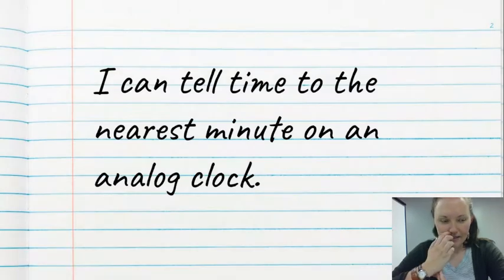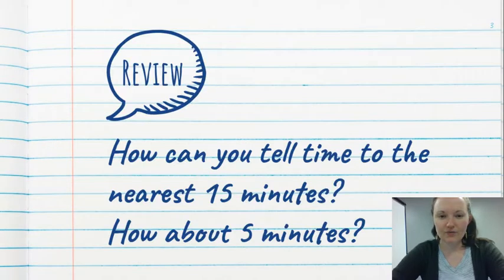So our I can statement is I can tell time to the nearest minute on an analog clock. So review, how can you tell time to the nearest 15 minutes?